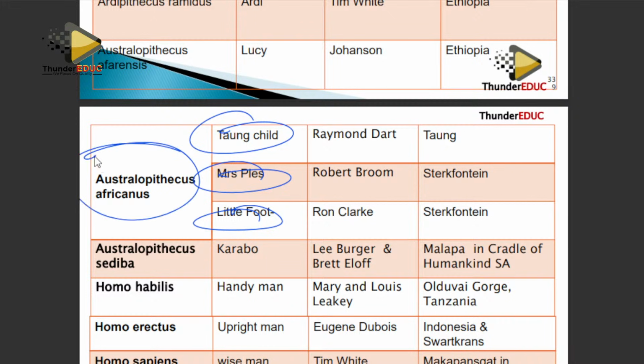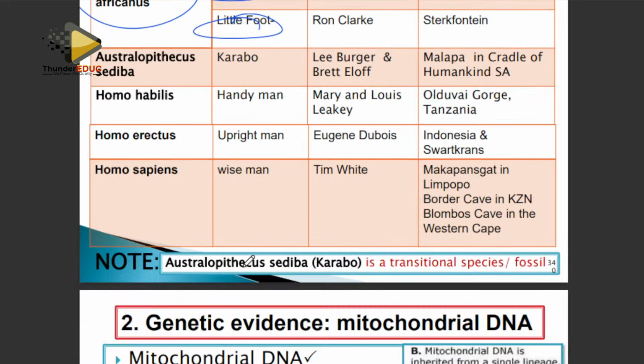These are examples of Australopithecus africanus species. Someone is saying to check here. Yes, Advice read this: Australopithecus sediba is an example of a transitional fossil or species.